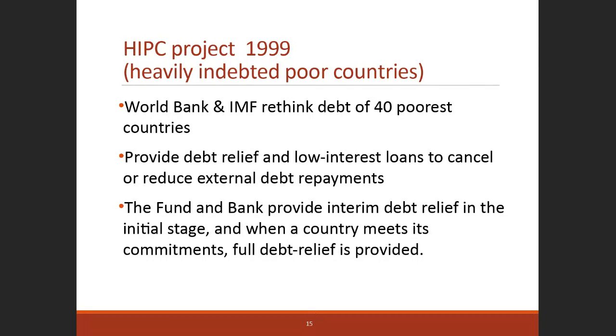The idea behind the HIPC project was to provide debt relief and low interest rate loans to cancel the existing higher interest rate loan debt repayment. So what the World Bank essentially and the HIPC fund did was it provided interim debt relief in the initial stages, and then when the country began to make its commitments on debt repayment, it canceled the debt.